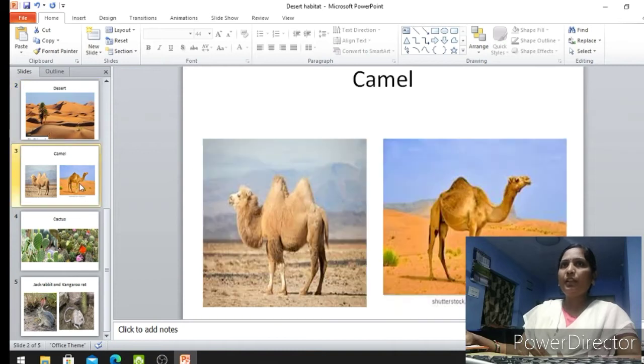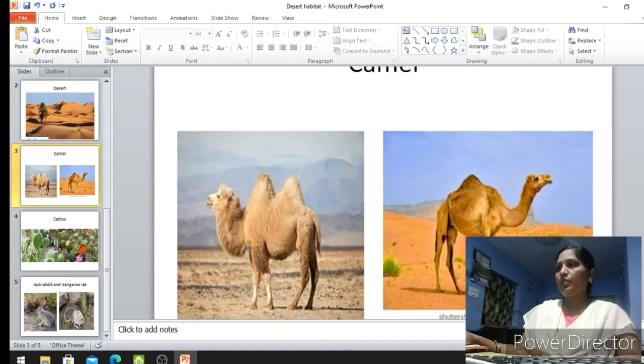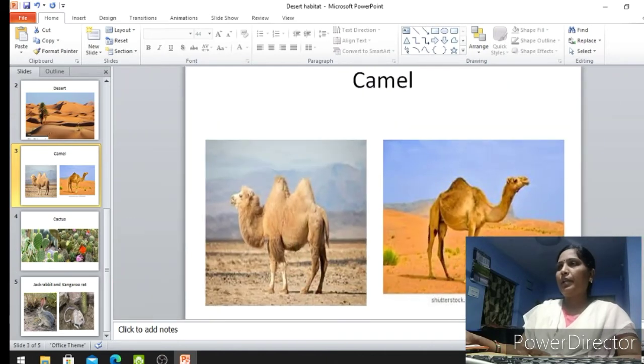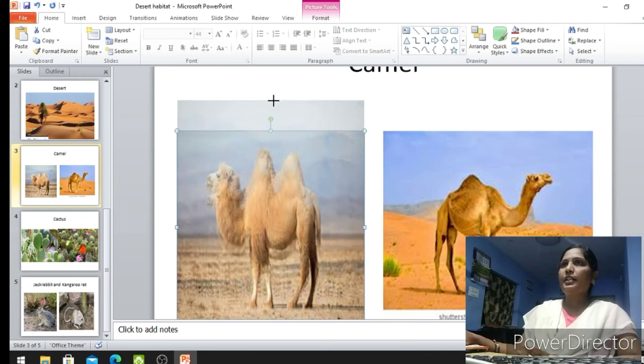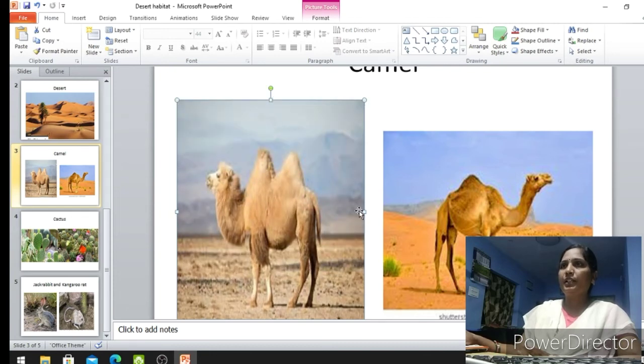Then the organisms which live in the desert areas, what type of adaptations will they show? One animal which is very familiar, everybody knows, is the camel. The camel is also called the ship of the desert. Why are we calling this the ship of the desert?